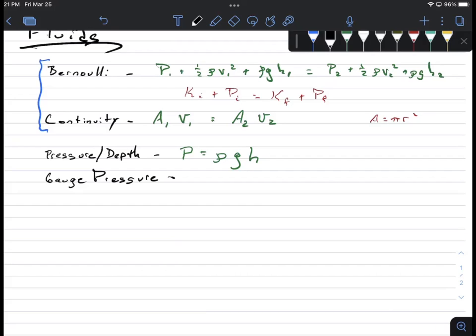So what gauge pressure is, is the total pressure or the absolute pressure that something would feel minus how much of that pressure is just due to the atmosphere by itself. Because living here on Earth, every single object is in the atmosphere. The atmosphere is made of air, air is a gas, and a gas is a fluid.